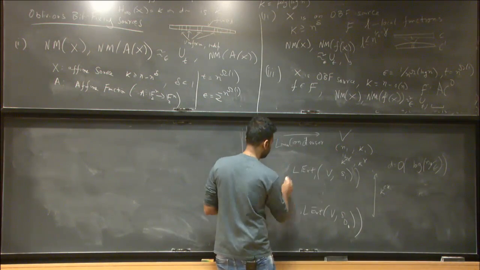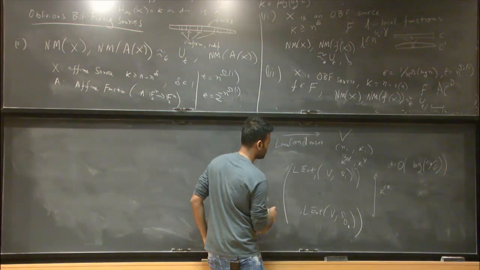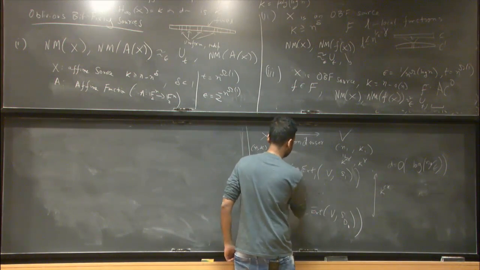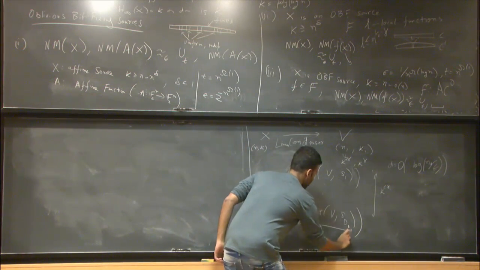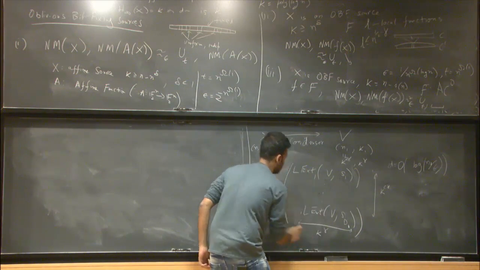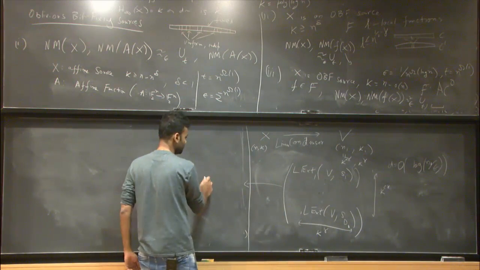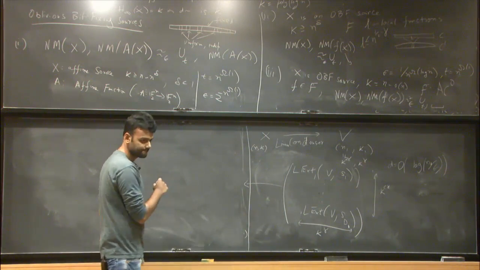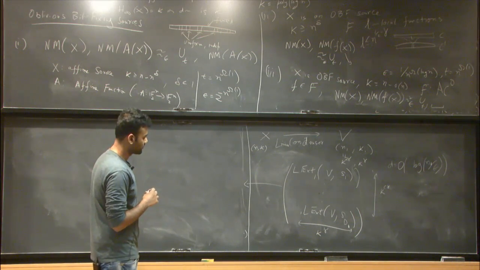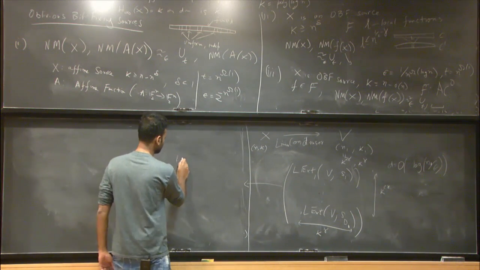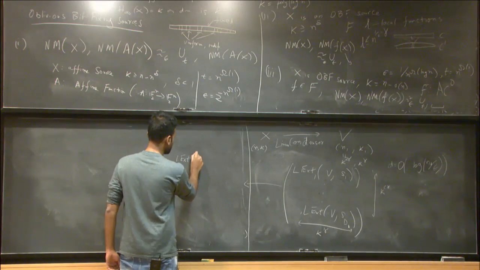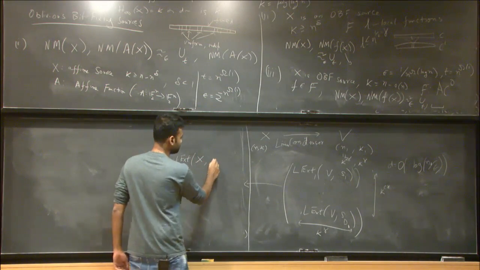So the number of rows is k to the c gamma, and the number of columns is k to the gamma. Now you use the rows of the matrix as a seed for another extractor.